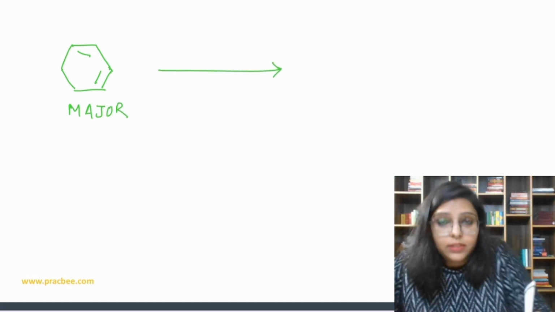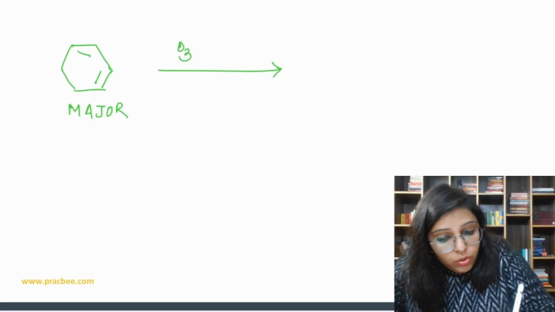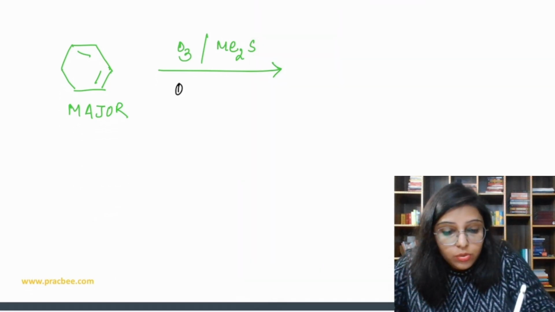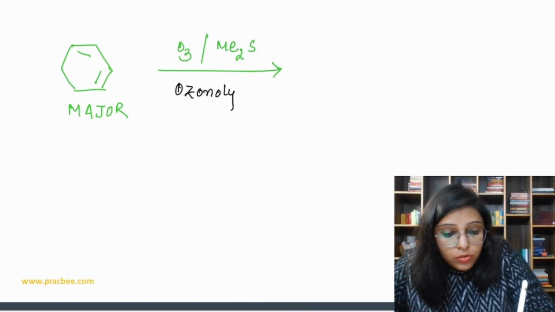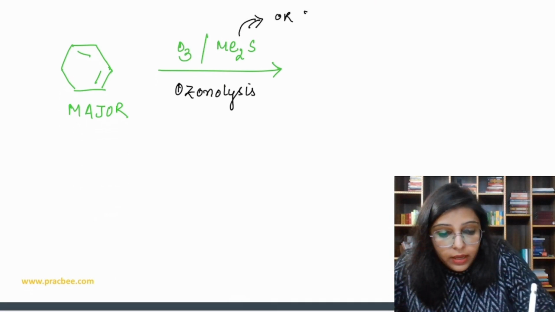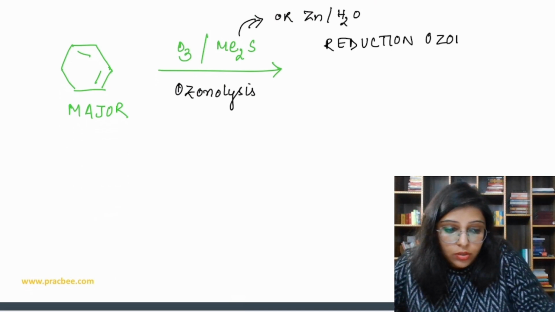Clear? Now next, we have O3 and Me2S. This is ozonolysis. If we have dimethyl sulfide, or we can even have zinc and H2O, they are reductive ozonolysis reagents.